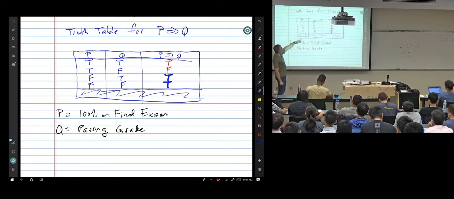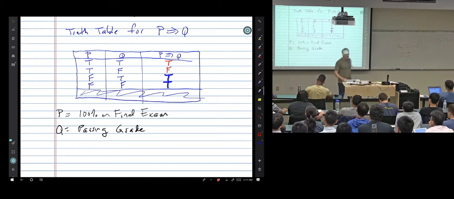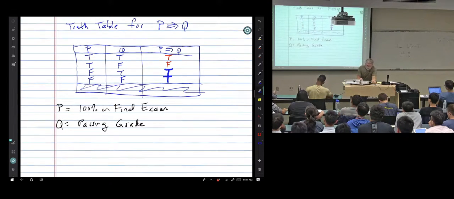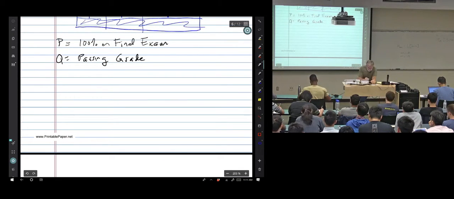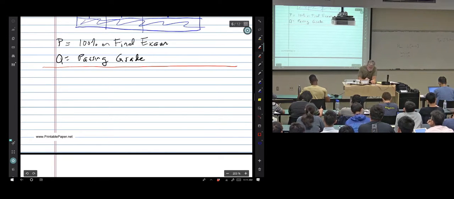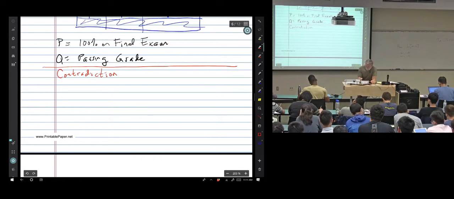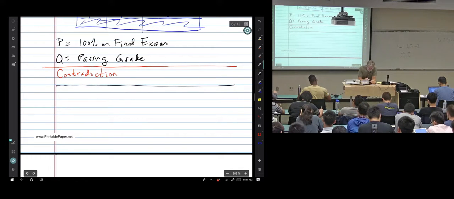Now we're going to do the truth table for the not P and not Q, the proof by contradiction. And what I'm going to show you is that it is much easier, okay? So now, let's do contradiction. So let's see if I can get this.